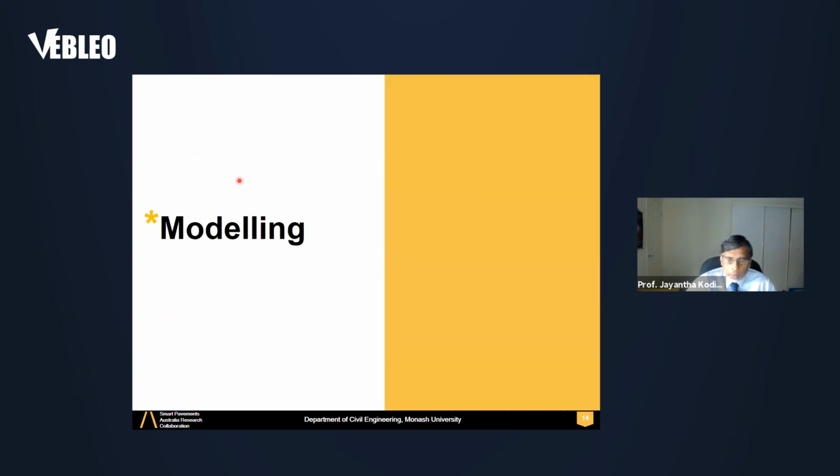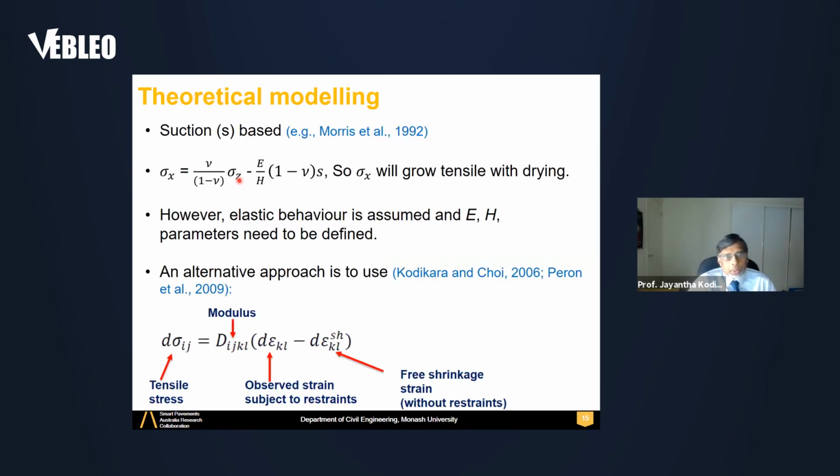Modeling. How do you model this process? Theoretical modeling. Theoretically, Morris et al. initially explained we could use elastic theory with unsaturated soils; the lateral stress that develops during suction increase can be explained in a restraint environment in this fashion.